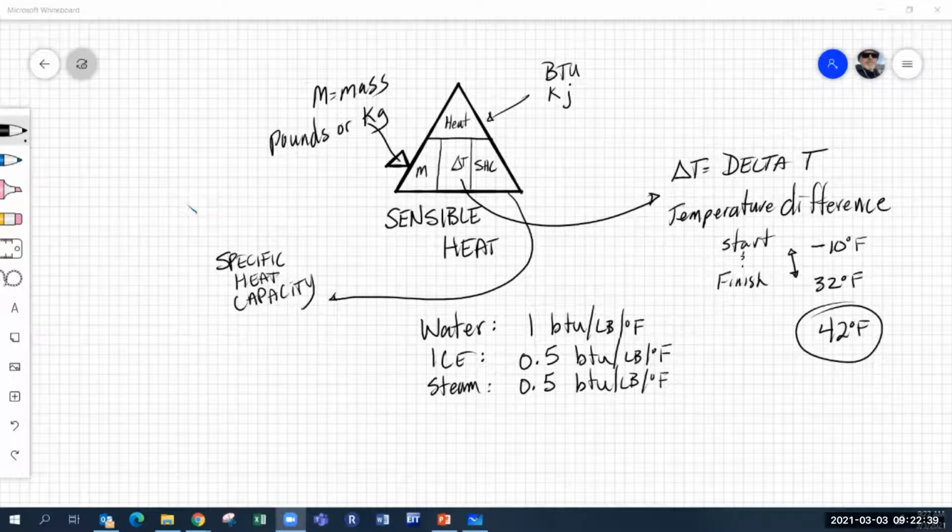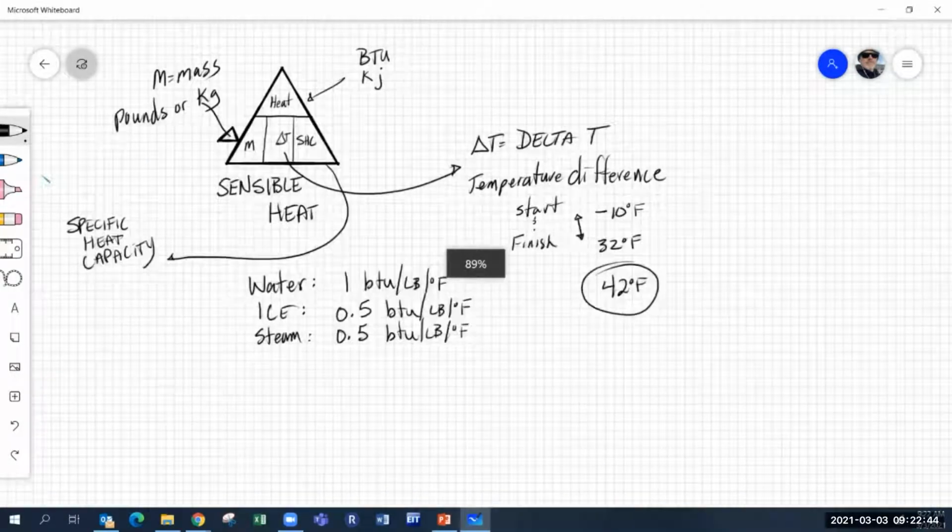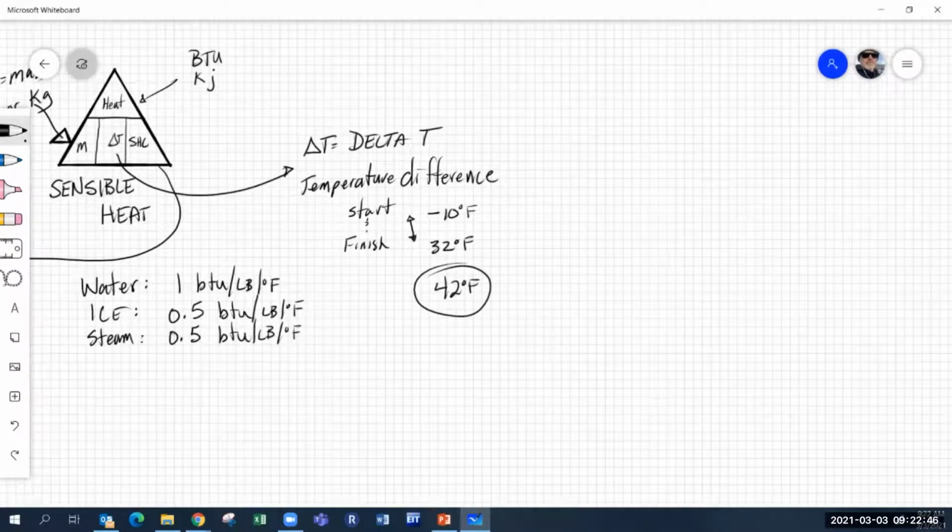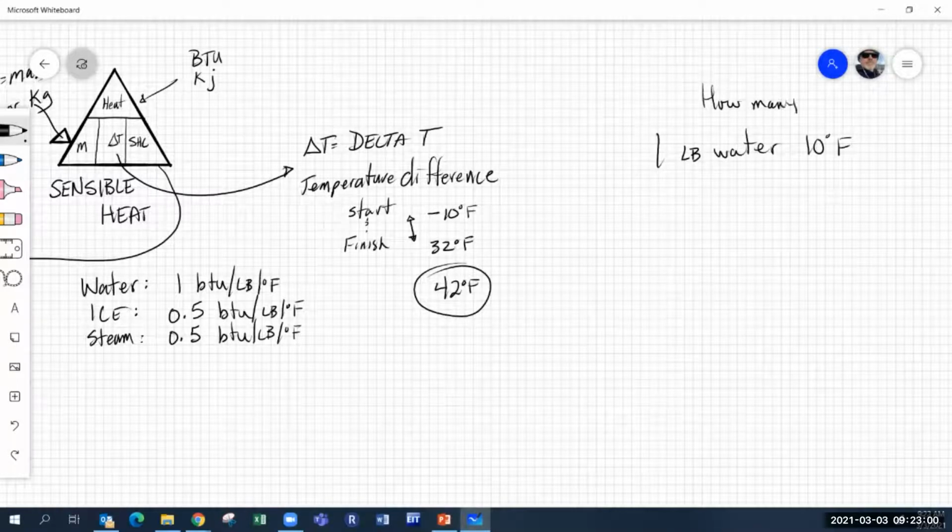So, for example, how many BTUs are required to raise 1 pound of water 10 degrees Fahrenheit? How many BTUs does it take? 10 BTUs. That's right.